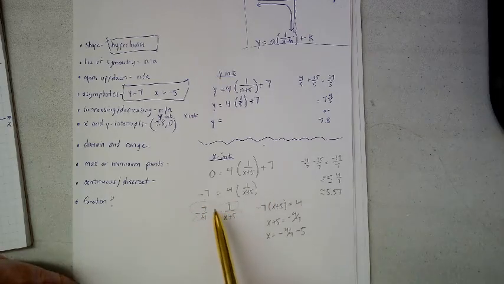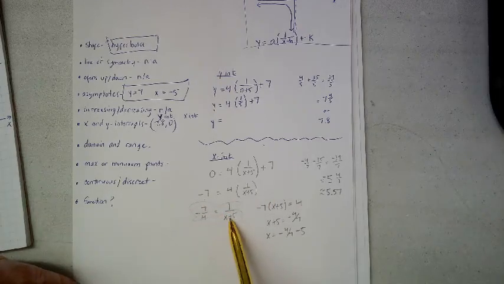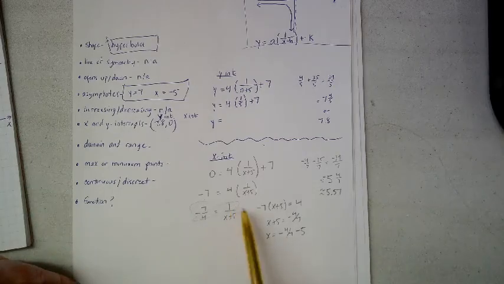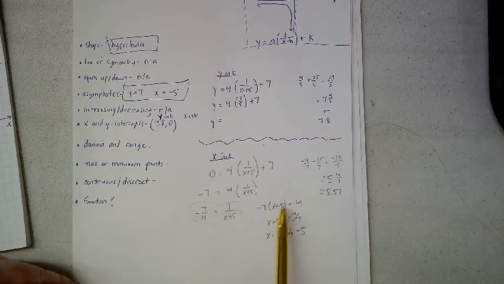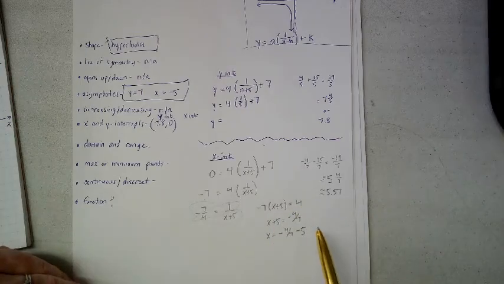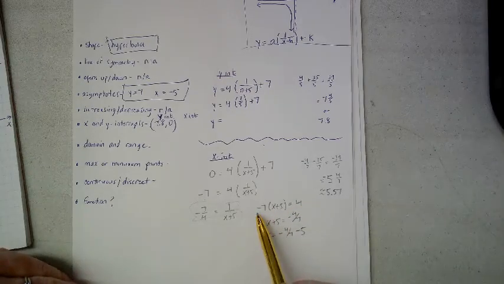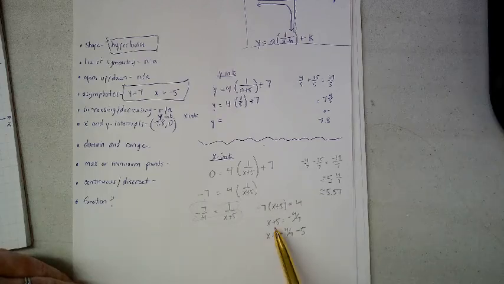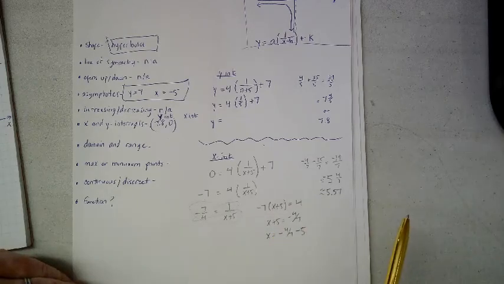So I went negative 7 times x plus 5 is equal to 4 times 1. And I did that over here, and then I divided both sides by negative 7, and then I subtracted 5 from both sides.